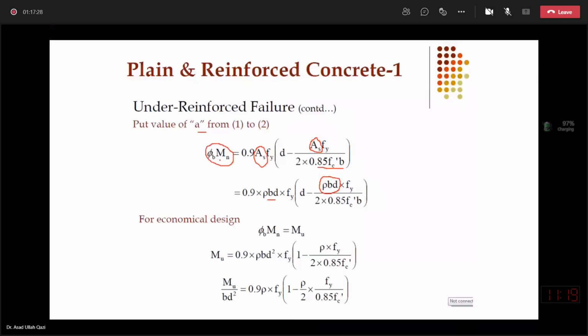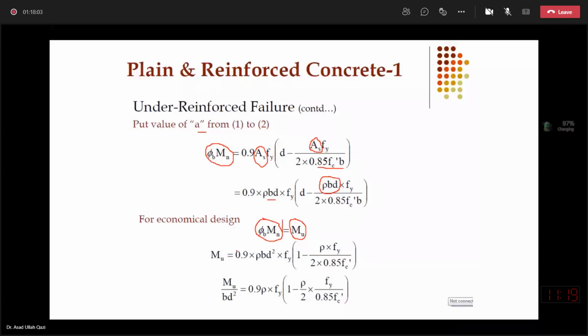In order to use it for design, I will equate this internal ultimate moment resistance with the demand Mu, which, as I said, if I ask you to design a beam for a load of 50 kilonewton per meter, and if it is the ultimate load, you will calculate for that beam 50 into 5 square over 8, wL square by 8, Mu.